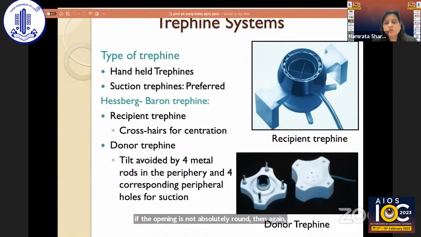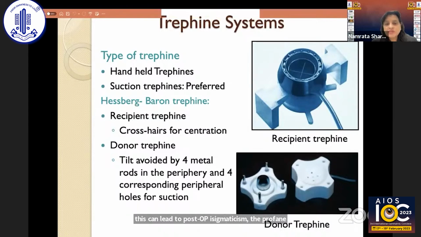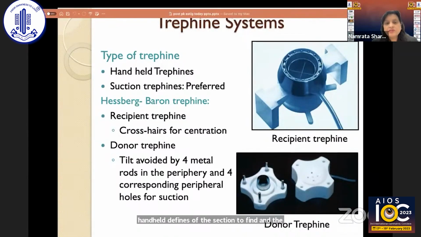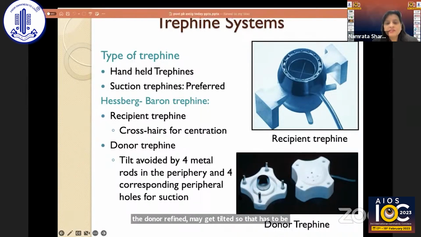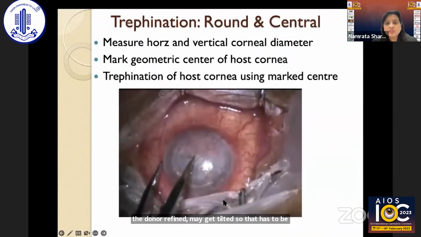The trephine types also play an important role. You can have handheld trephines or the suction trephine, and the Hessburg-Barron trephine, where the recipient trephine has crosshairs for centration. The donor trephine may get tilted, so that has to be avoided by 4 metal rods corresponding to the peripheral holes for suction.